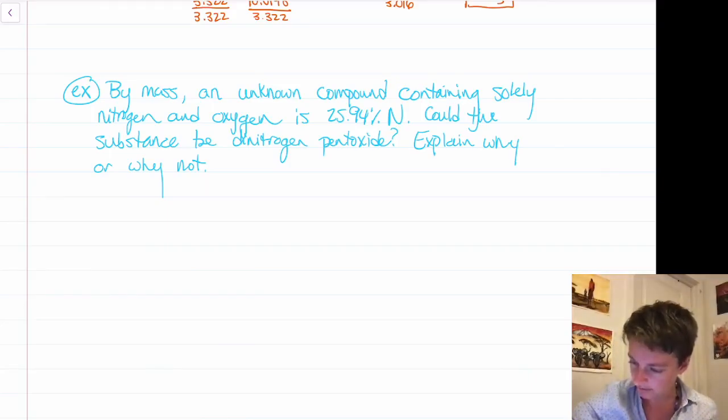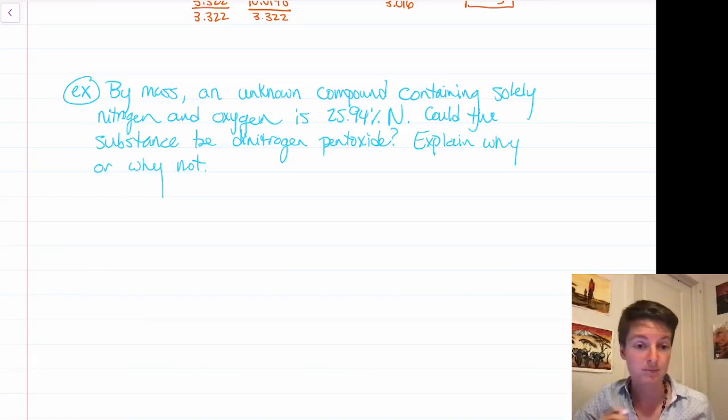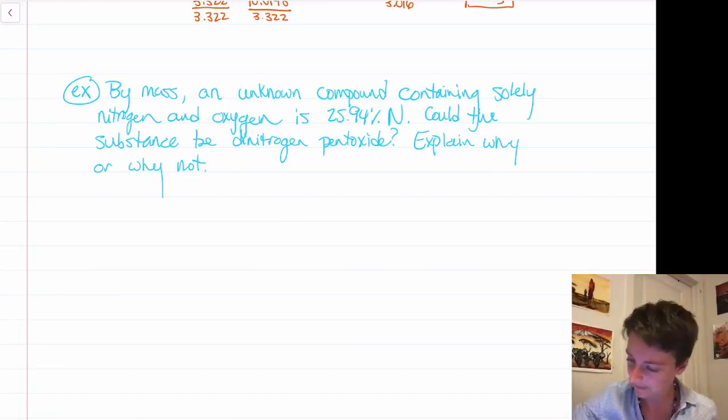So in this problem, you'll notice that instead of being given mass in terms of grams, we're given percent mass. Furthermore, we're asked whether or not a certain empirical formula is plausible, which isn't necessarily the same thing as having to figure it out on our own. However, we'll see that it's easiest to figure out whether or not this could be dinitrogen pentoxide by solving the problem very similarly to how we did in the previous example.